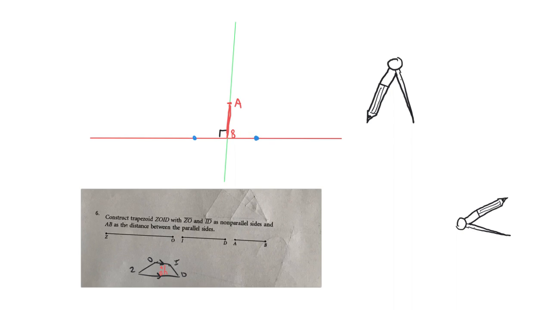Now what you could do is, if you could just create another replicated triangle over here, well then the line that would connect the tops of the triangles, that would be parallel with the bottom baseline. So in other words, we're going to replicate this triangle, okay? And then you're going to have it over here, and then the line that connects the tops of both triangles would be parallel. So how do you replicate the triangle?